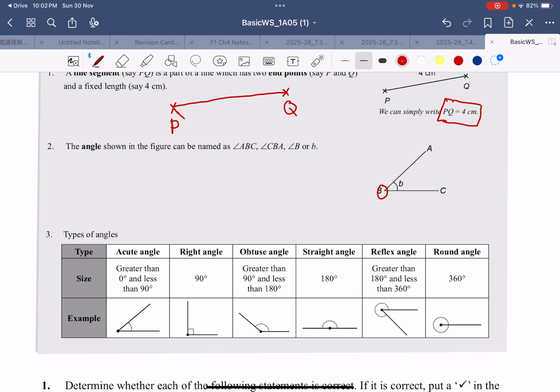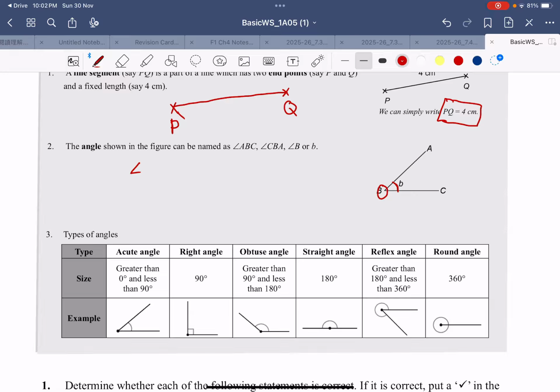And then we are going to label the angle that AB made with BC. And we are going to name this angle. You can name it with any letter, say, for example, small letter B. But a more systematic way to name it is the following. We can start from using the angle symbol here. This is the angle symbol.